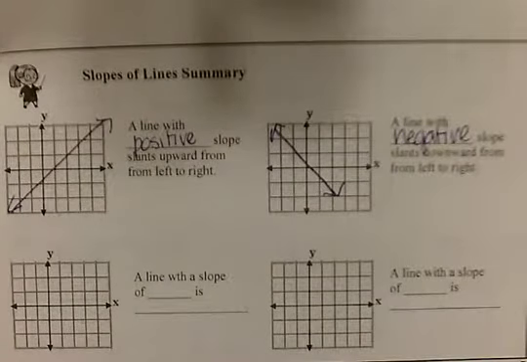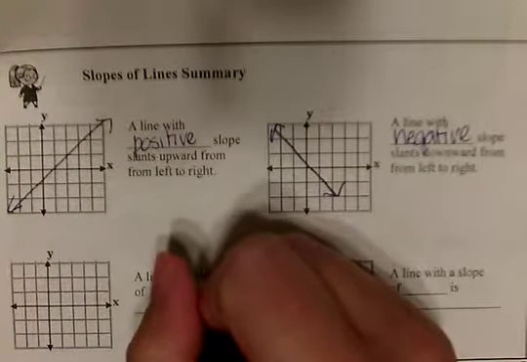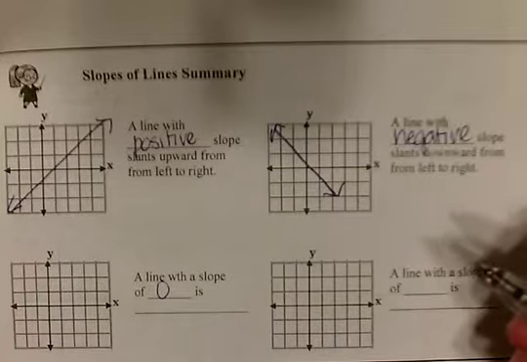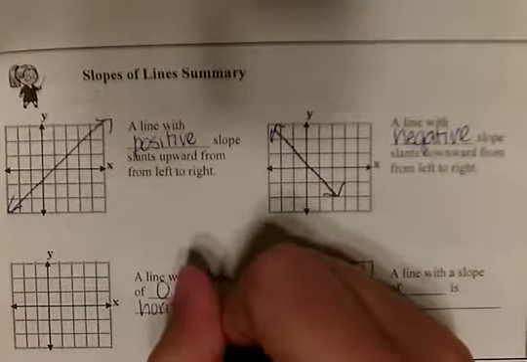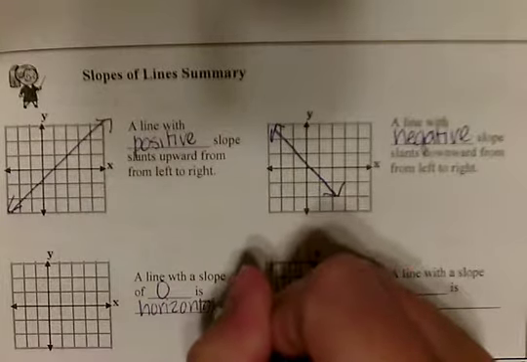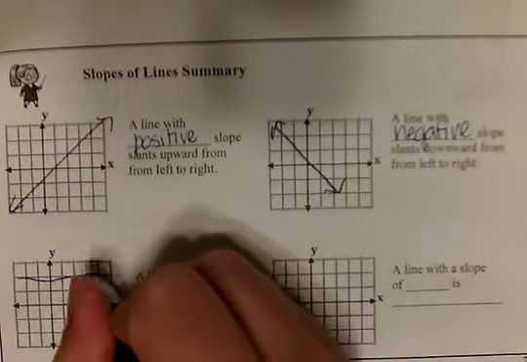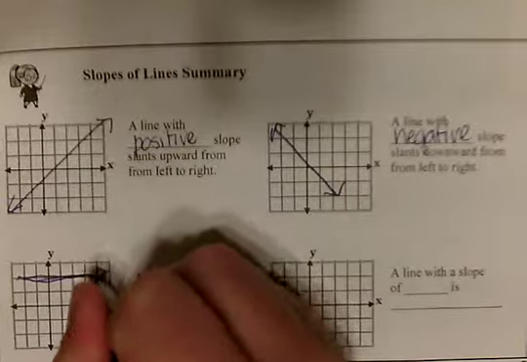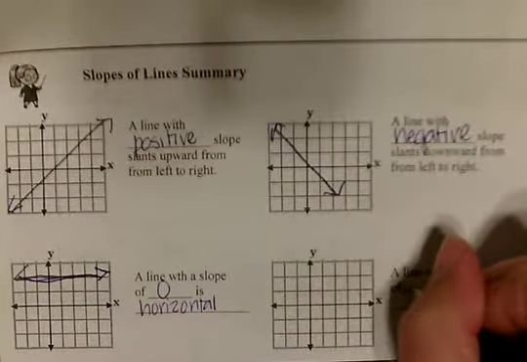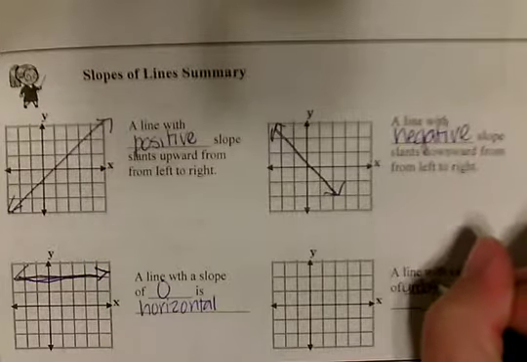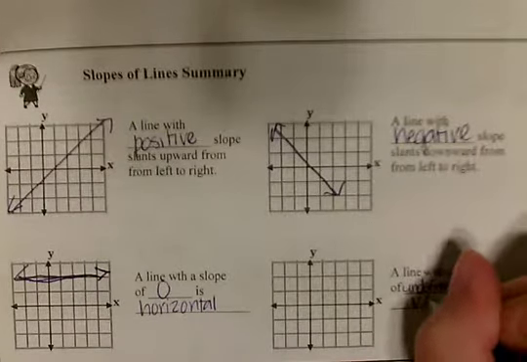A line with a slope of 0 is horizontal. And a line with a slope of undefined is vertical.